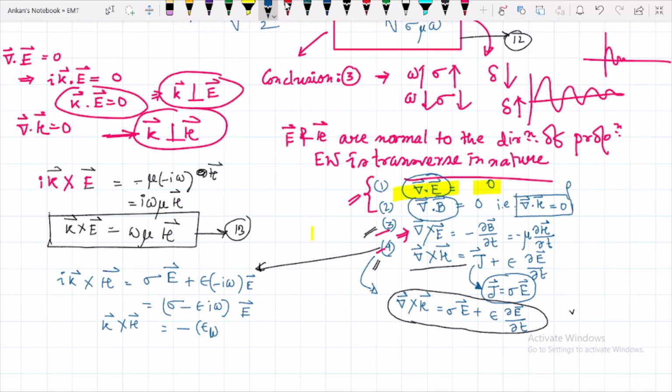Take minus common, so this will be minus of minus i sigma. This means i square, minus of i square into sigma. By cancelling i we get minus i sigma, and take minus 1 common, so this term will be plus.